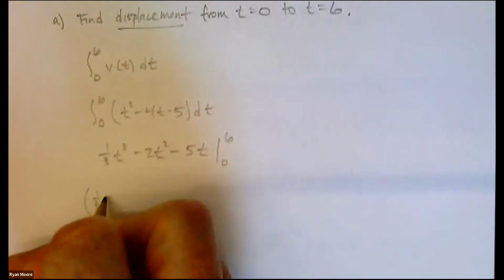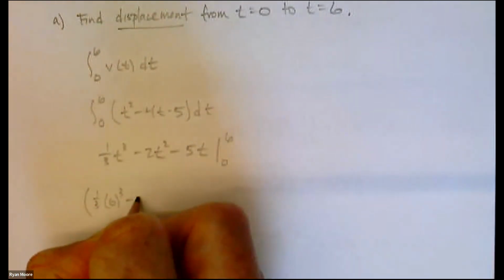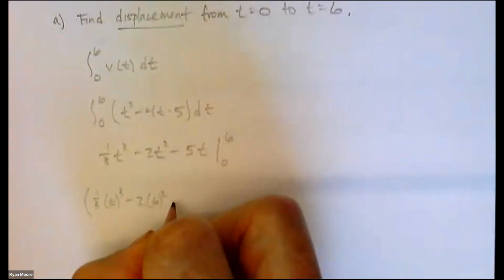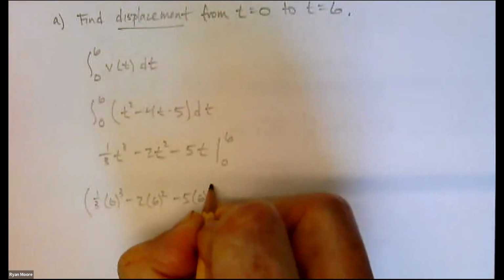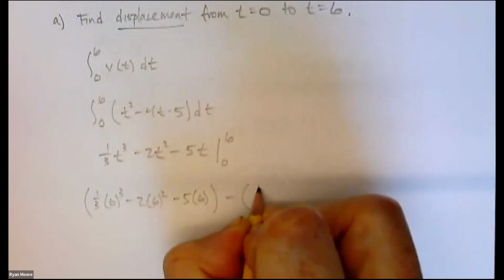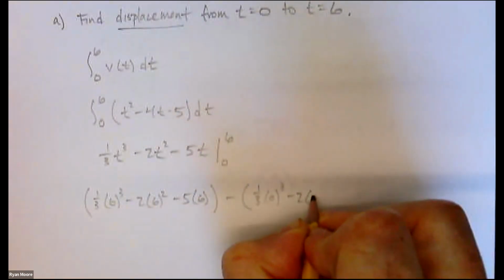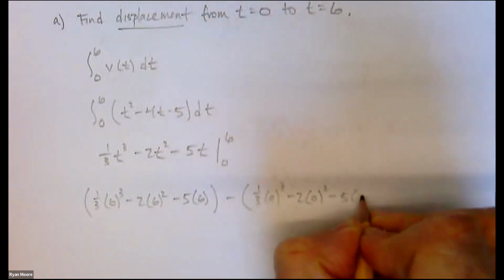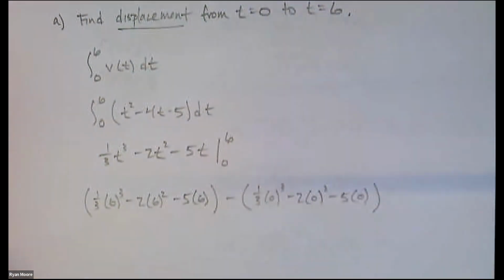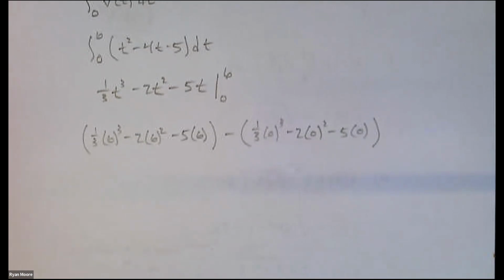Let's see, 1/3 times 6 to the 3rd minus 2 times 6 squared minus 5 times 6, minus plugging in 0. Nice to plug 0 into a polynomial like this. Makes our work easy.